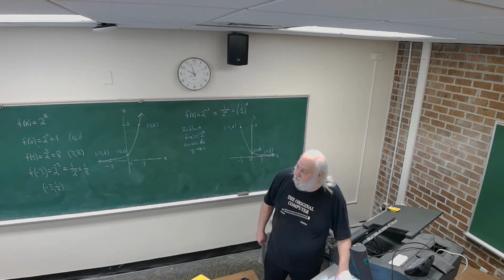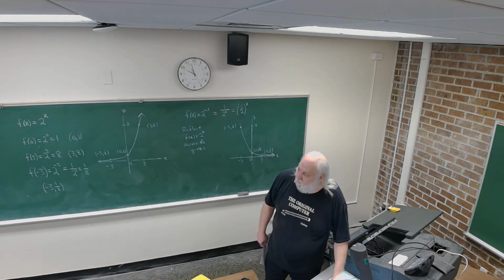The range, you can see, well, let's point out first the horizontal asymptote. Both these graphs have a horizontal asymptote. Up here, it flattens out going to the left, right above the x-axis, which is the horizontal line y equals 0. And here it flattens out going to the right, right above the x-axis. Remember, the horizontal line y equals 0 and the x-axis coincide.